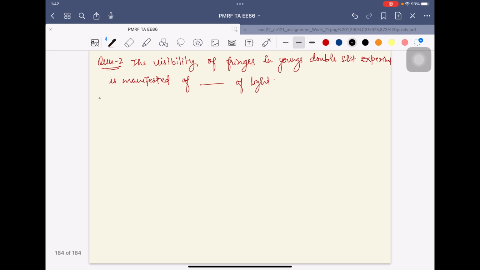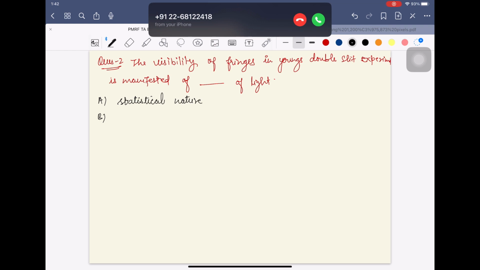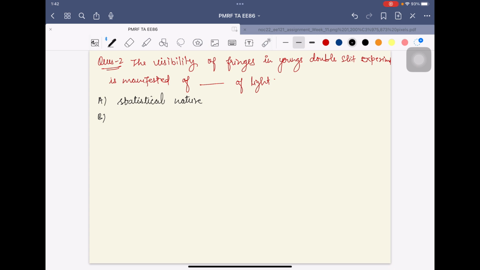Your options are: A, statistical nature; B, quantum nature; C, spatial coherence; and D, temporal coherence.